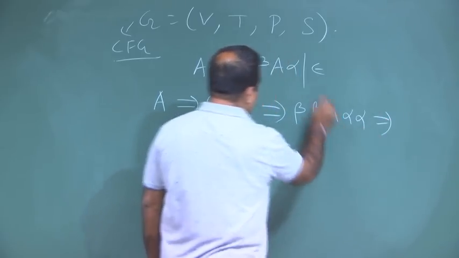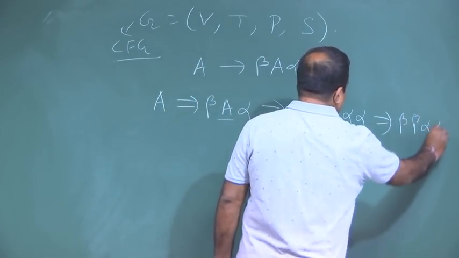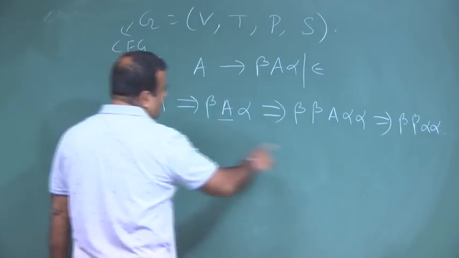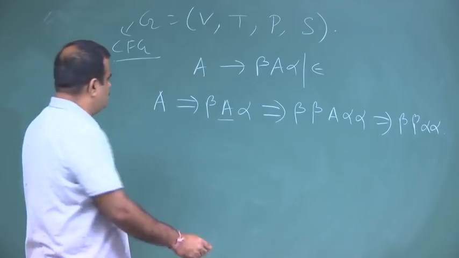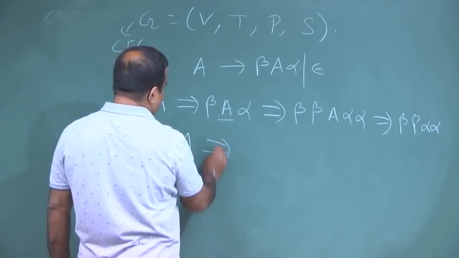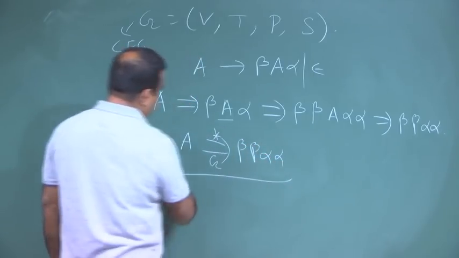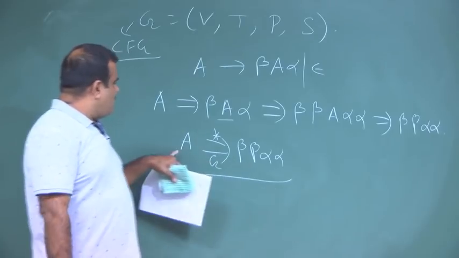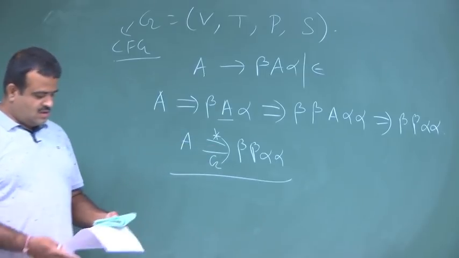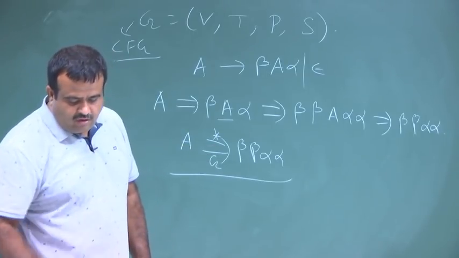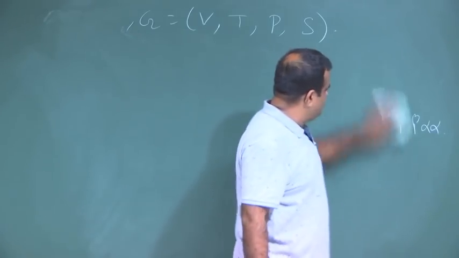Now we can write A goes to epsilon, giving beta beta alpha alpha. So this is derived from A, but not by a single rule; we have applied multiple rules. That is why we write star. These are just the derivation notations.